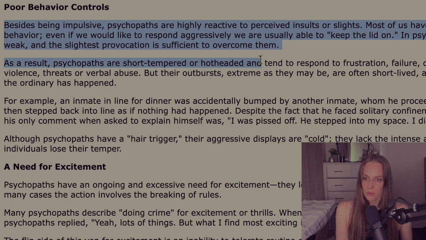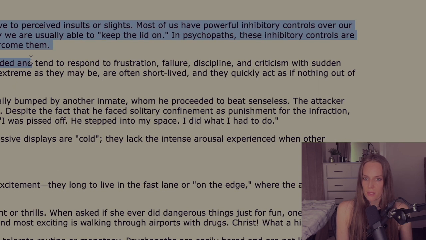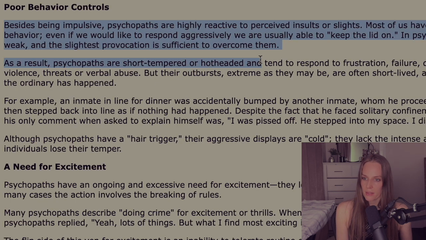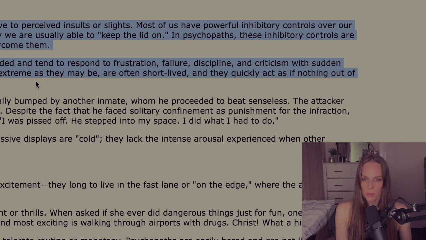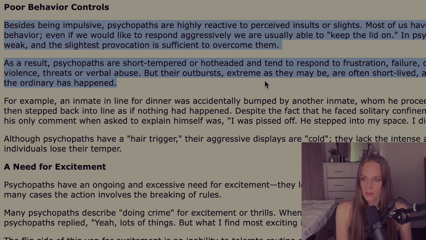Even if we would like to respond aggressively, we are usually able to keep the lid on. In psychopaths, these inhibitory controls are weak, and the slightest provocation is sufficient to overcome them. As a result, psychopaths are short-tempered or hot-headed and tend to respond to frustration, failure, discipline, and criticism with sudden violence, threats, or verbal abuse.